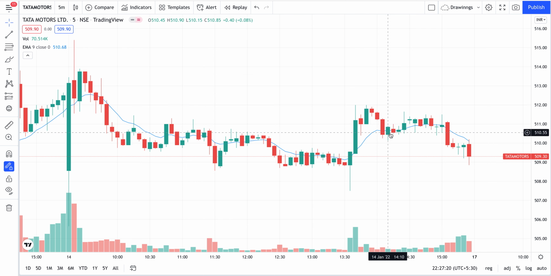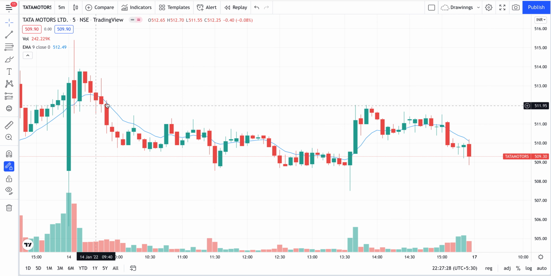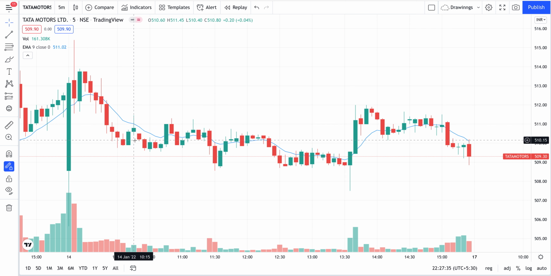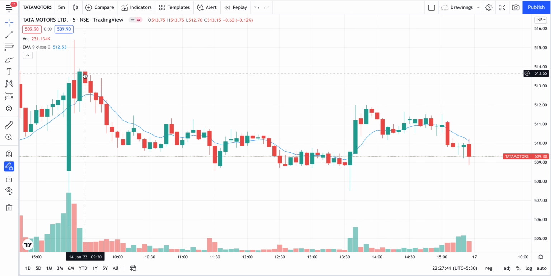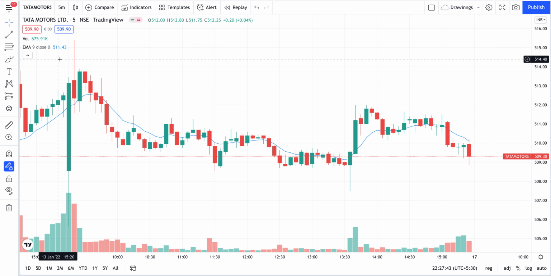That's how it works, and it is very important for chart analysis and taking trades. This is only one exponential moving average, a 9-period moving average. For better use, we can take additional moving averages. For that we are going to use a different indicator.